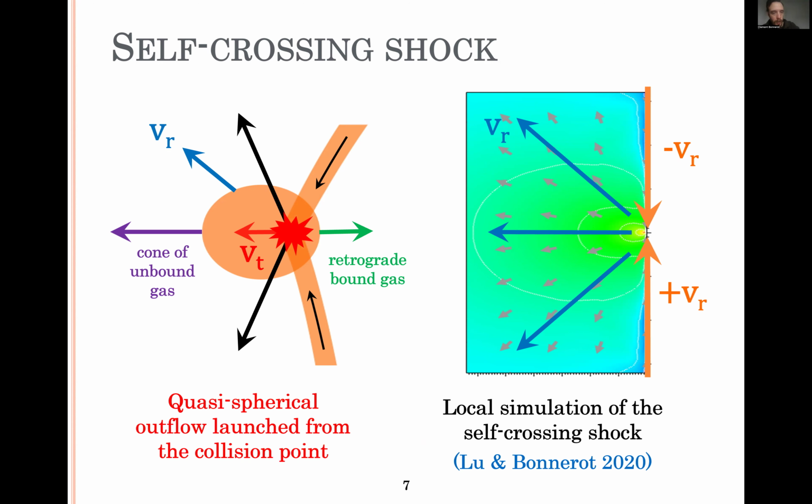But despite this complicated velocity structure I described, the main takeaway is that there's a collision between two stream components, and the outcome of this collision is the formation of a quasi-spherical outflow launched from the collision point.